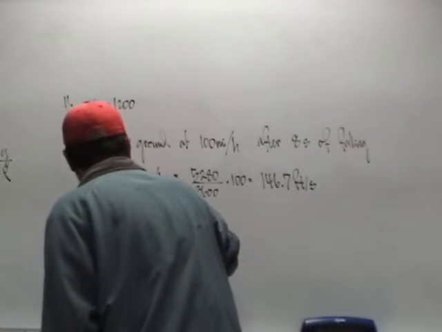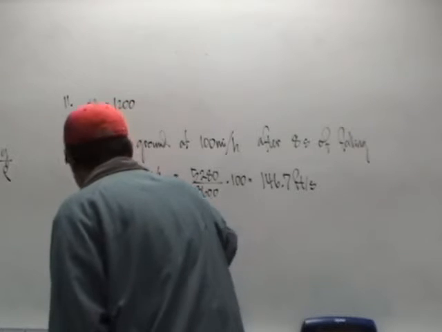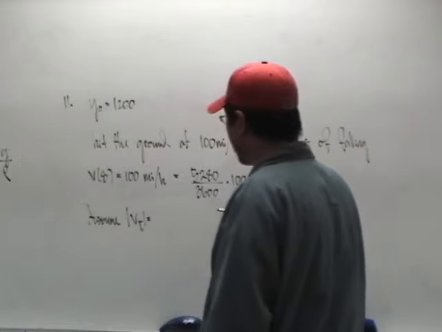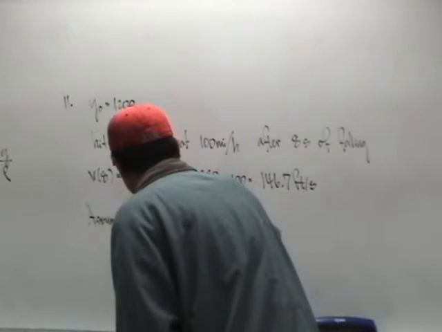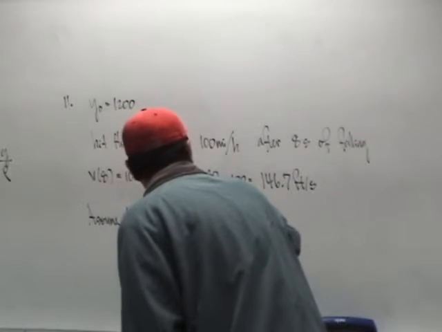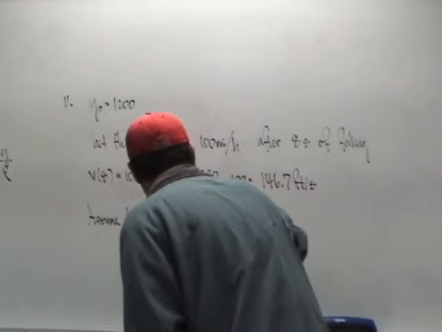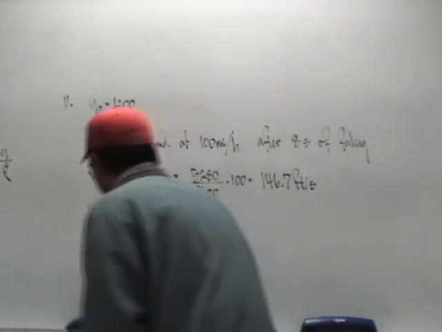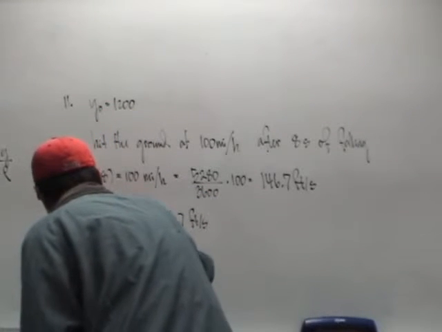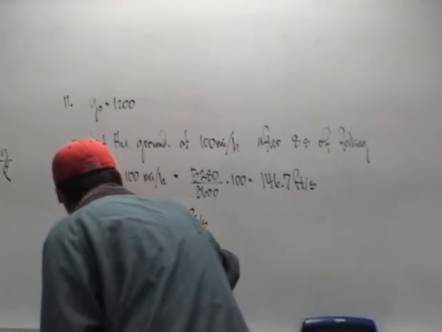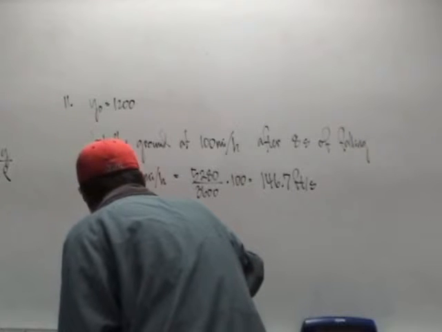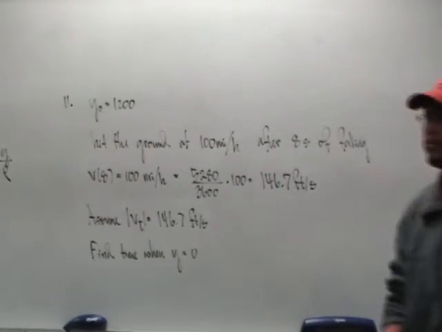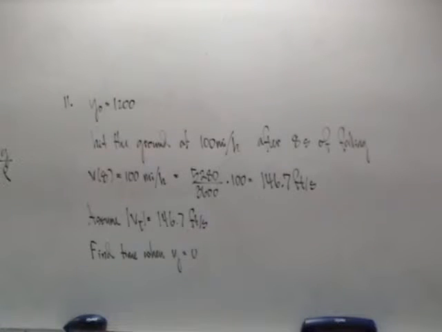The absolute value of V tau, the terminal speed, is 100 miles per hour, which is 146.7 feet per second. Now, with that in mind, find the time when y is equal to 0, when he hits the ground.